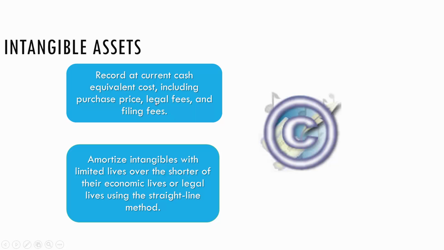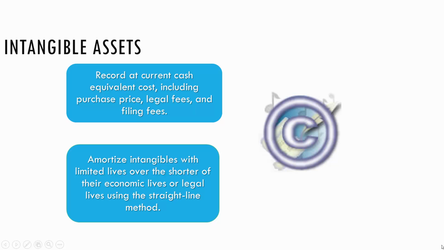So you might have legal fees associated with it or filing fees so that you can actually use this asset. And it's amortized over the limited life, which is the shorter of their economic life or legal lives, using the straight line method. This is a little complicated, the terminology here.